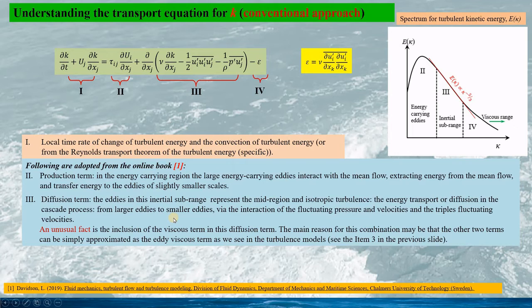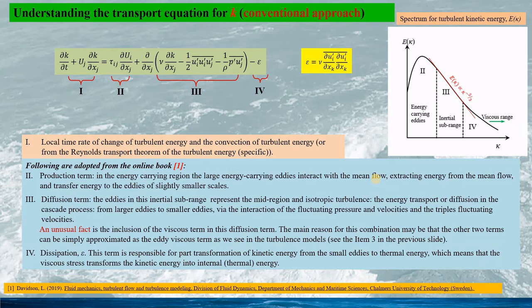Here, an unusual fact is the inclusion of the viscous term in this diffusion term. The main reason for this combination might be that the other 2 terms can be simply approximated as the eddy viscosity term, as we see in the turbulence models, item 3 in the previous slide.